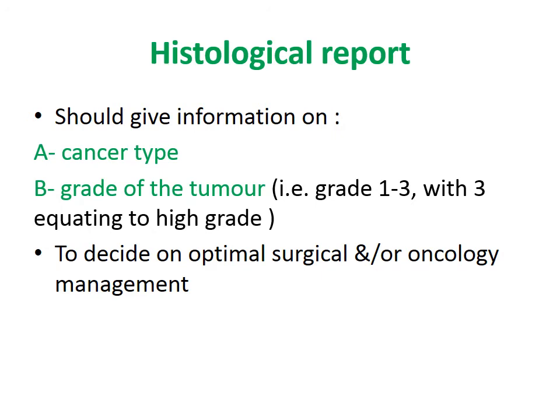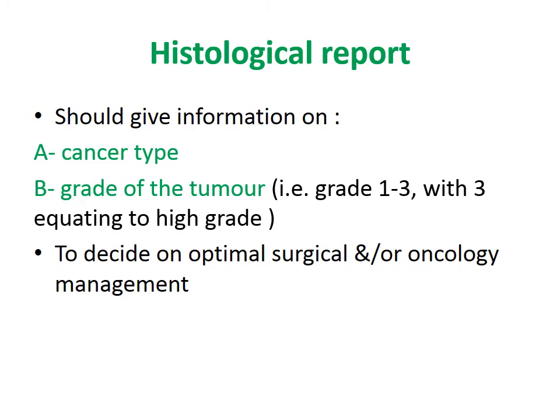What about the results that should be obtained from the histological report? This should provide information about the cancer type, for example, an endometrioid adenocarcinoma, which is the commonest, as I said, that is referred to as type 1, or type 2, that might include the subcategories of serous papillary carcinoma, clear cell adenocarcinoma, etc., or undifferentiated.